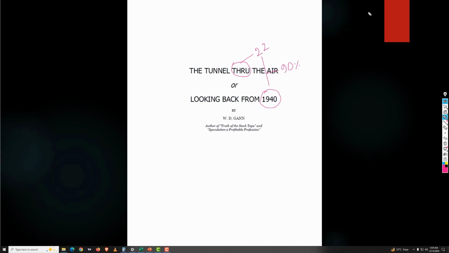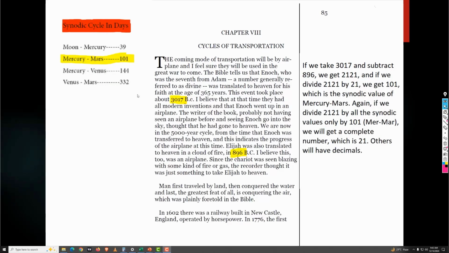Now let's move forward to the next cycle. On the left hand side we have the synodic cycles. We have the values of synodic cycles in the format of days. And I'm on page number 85 of the book Tunnel to the Air.